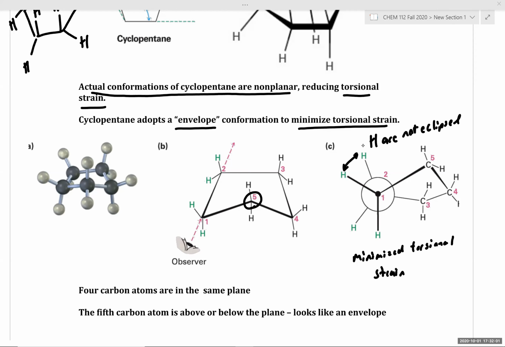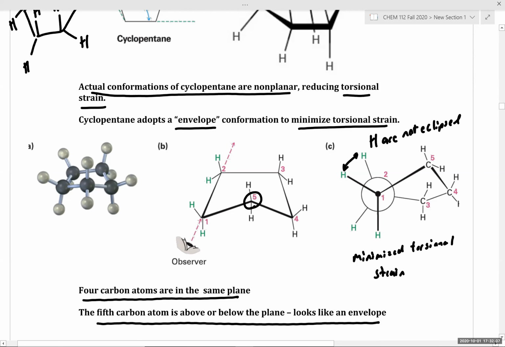So for cyclopentane, 4 carbon atoms are in the same plane, and the 5th carbon atom is above or below the plane. It almost looks like an envelope. So let me show you what this looks like. Give me one moment to put my model kit together.